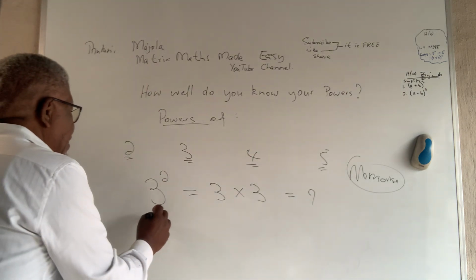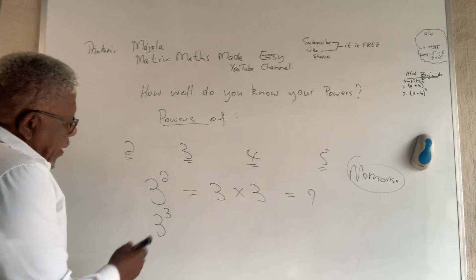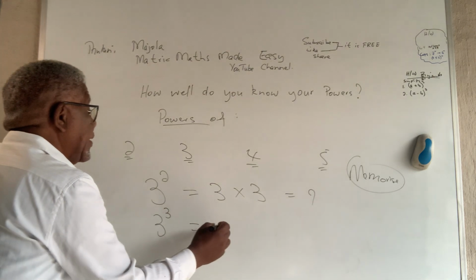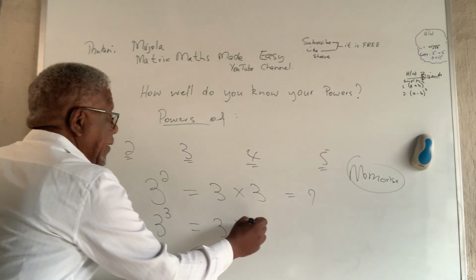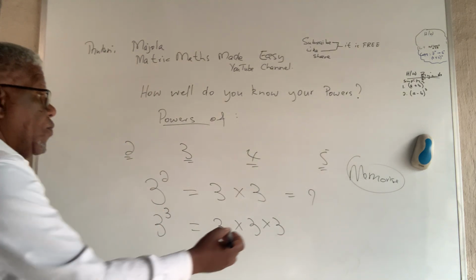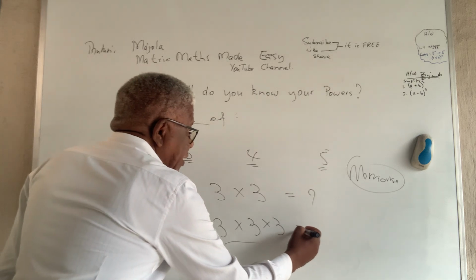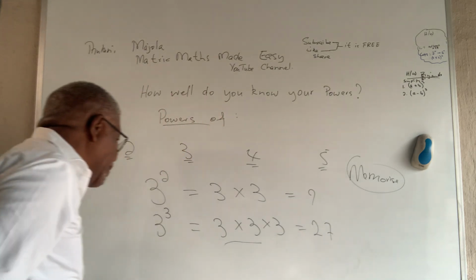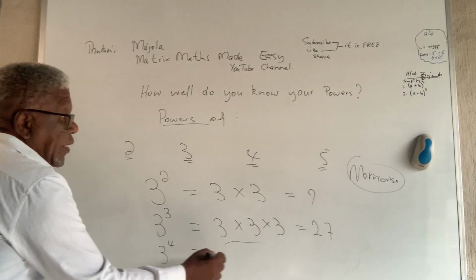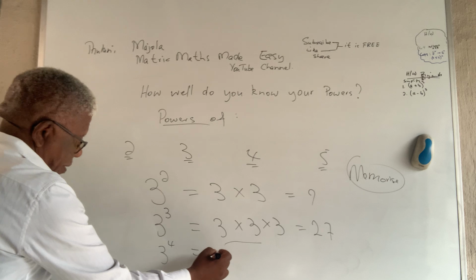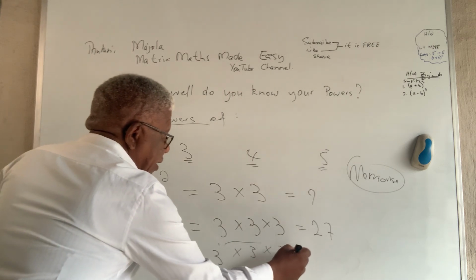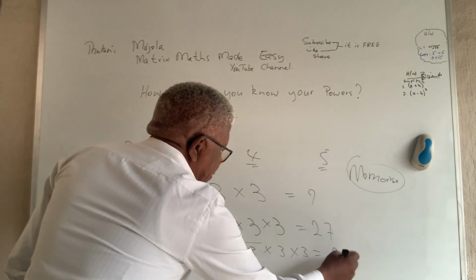When I say 3 to the power of 3, exponent 3, this is 3 multiplied by itself 3 times, which is 9 times 3, which equals 27. When I say 3 to the power of 4, it's 27 times 3, so 3 times 3 times 3 times 3, which equals 81.